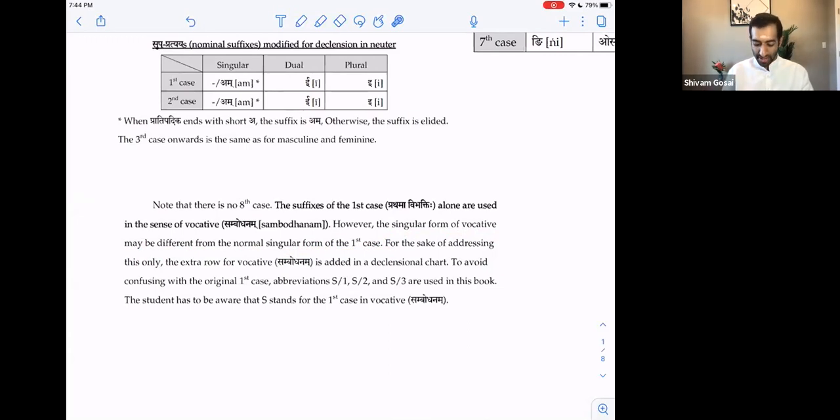And so to address that, the extra row for Sambodhana is added in the declension charts, right? To avoid confusing it with the original first case, abbreviations such as S1, Sambodhana 1, Sambodhana 2, and Sambodhana 3 are used in this book, instead of saying 8-1, 8-2, 8-3, because technically there's no eighth case, right? We have to be aware of that. Sambodhana stands for the first case in Sambodhana.